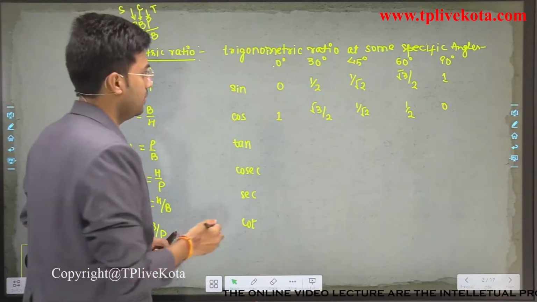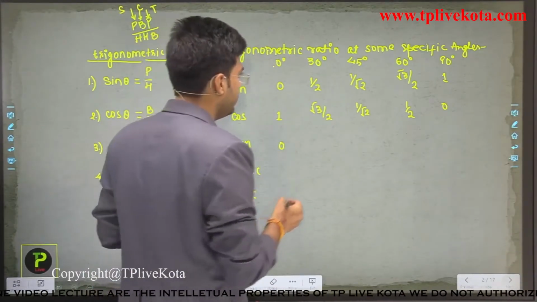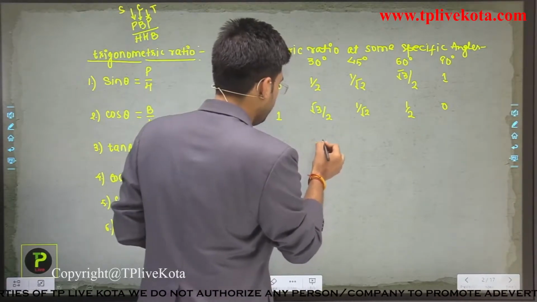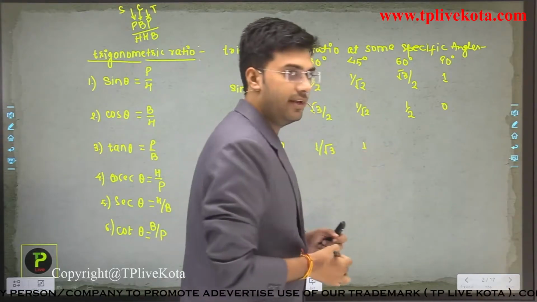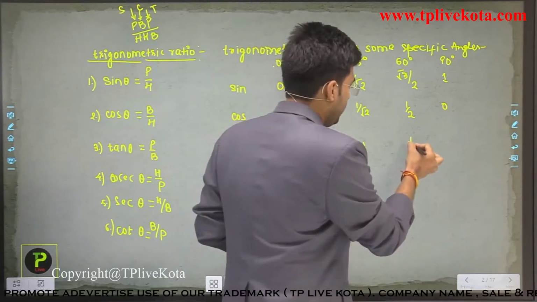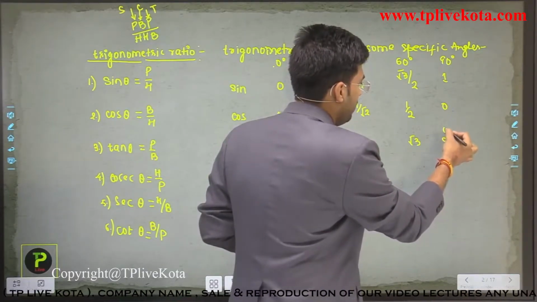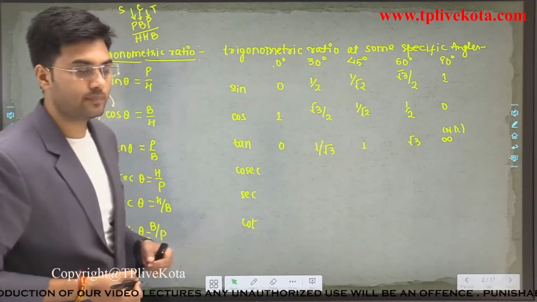Clear? Now for tan it is 0 at 0 degree, 1 upon root 3 at 30 degree, 1 at 45 degree, root 3 at 60 degree, and not defined, or we can write infinity, at 90 degree.